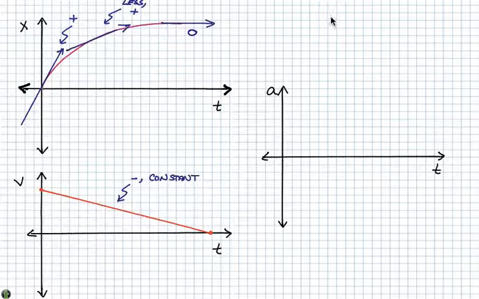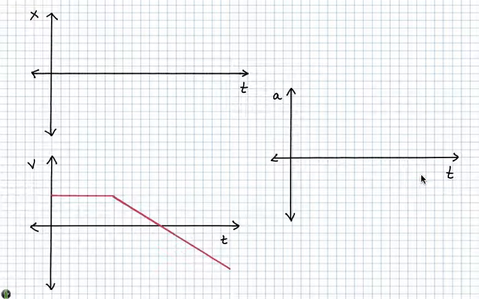A negative constant slope on a velocity time graph tells us that we have negative constant acceleration. So over here, we should have a negative acceleration, and it should be unchanging and constant. Let me do that in red so I don't confuse you. So we should have a negative constant acceleration. The slope of this graph gives us our velocity. The slope of this graph gives us our acceleration.